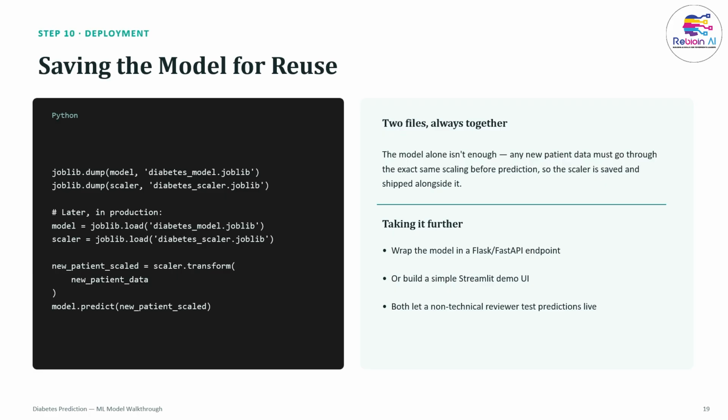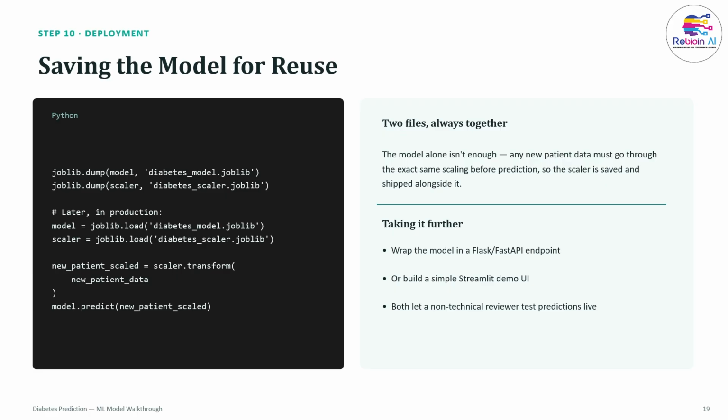A trained model sitting only inside a notebook isn't very useful on its own. So the last technical step is saving it to disk using Joblib, along with the scaler it depends on. Both files need to travel together, because any brand new patient's data has to go through that exact same scaling before the model can use it correctly.